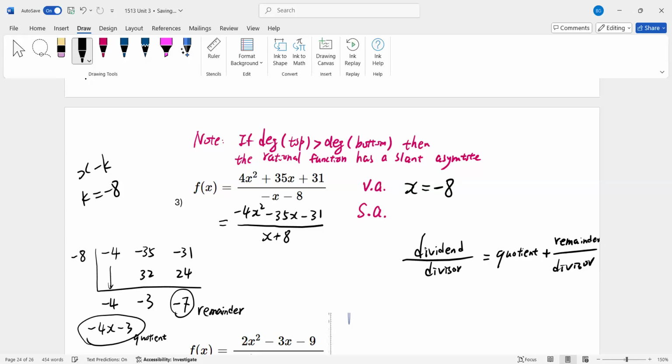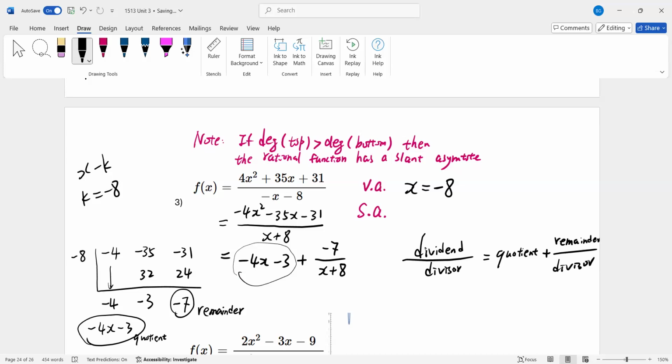This is the formula. So we can write the rational function as the quotient -4x minus 3 plus the remainder, -7, over the divisor x plus 8.